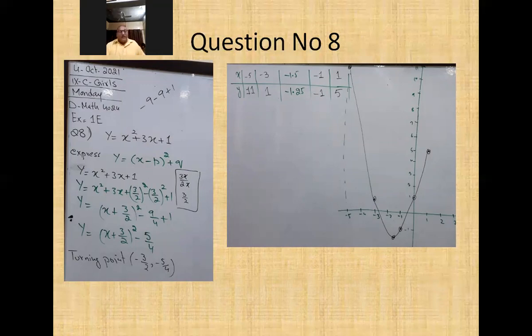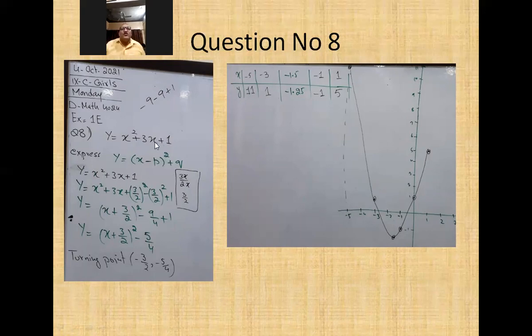It says, by first expressing x squared plus 3x plus 1 in the form x plus p whole square plus q, so we have to represent it in this form, and write down the coordinates of the minimum point of the graph. They have not actually asked to draw the graph, but we have drawn it so that you can understand.